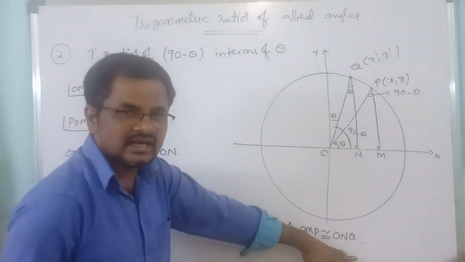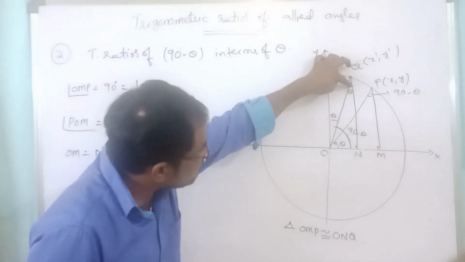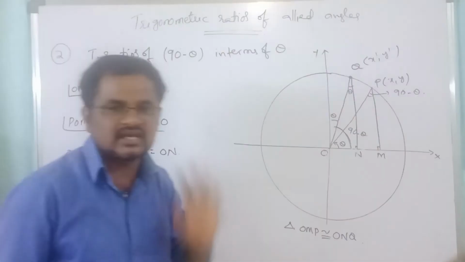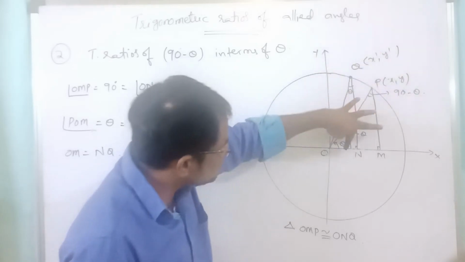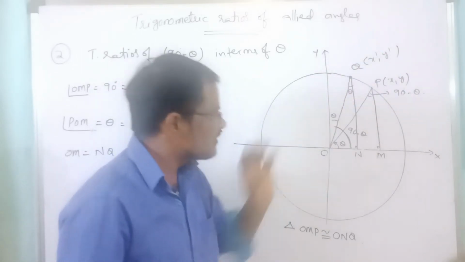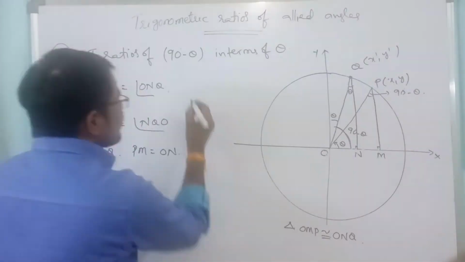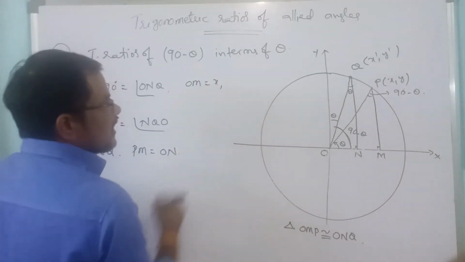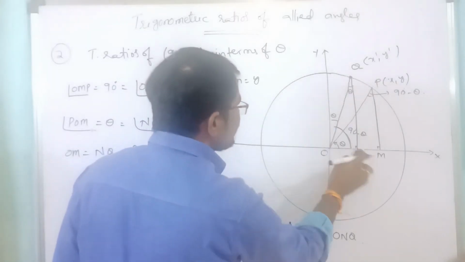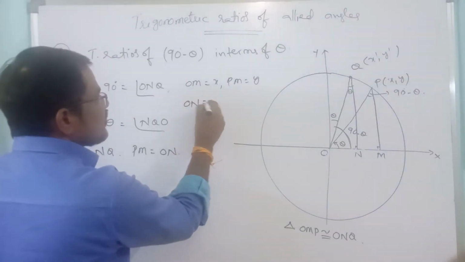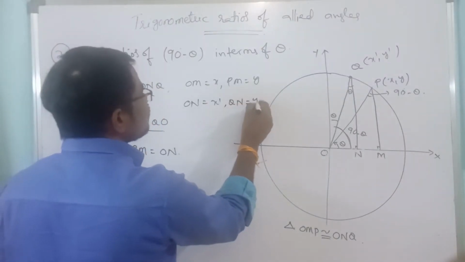These two triangles are congruent, so the sides opposite to equal angles are equal. Opposite to theta, the sides are equal. And where 90 minus theta is there, the side OM and the side PM are equal. From triangle OPM, OM equals X and PM equals Y, and from triangle OQN, ON equals X dash and QN equals Y dash.